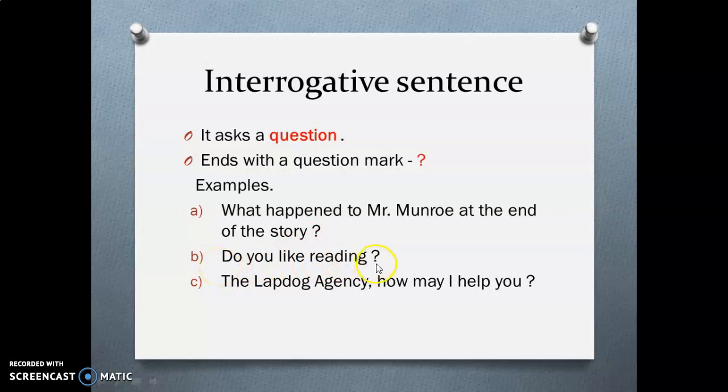Do you like reading? Please answer me. Lastly, the lapdog's agency, how may I help you? Probably somebody answering a telephone call, and it ends with a question mark.